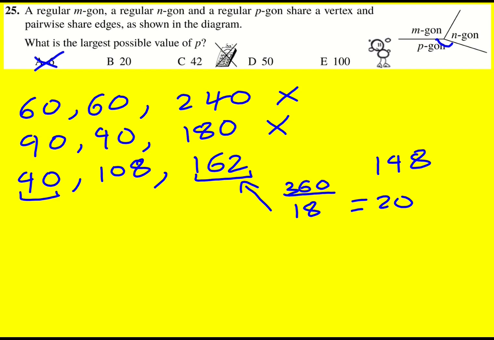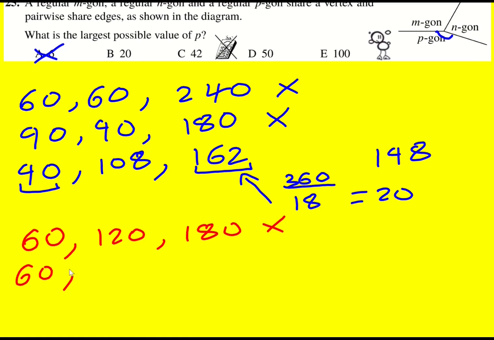The one thing I've not looked at yet is back to the 60, okay? We know that 60 and 90 didn't work. 60 and 120, that's a hexagon. Okay, that's also not going to work because I get 180. But what about if I went with 60 and the next sided shape? So a seven-sided shape.